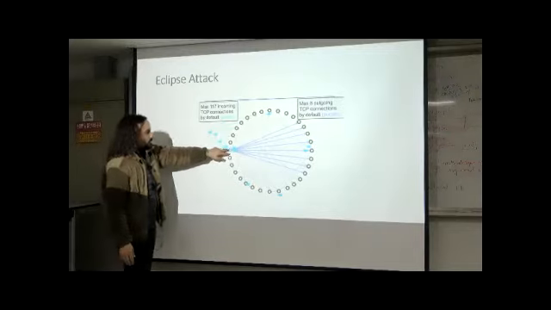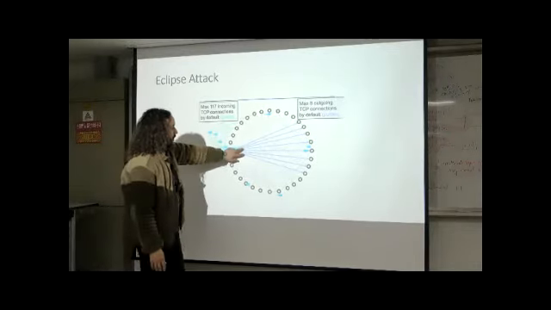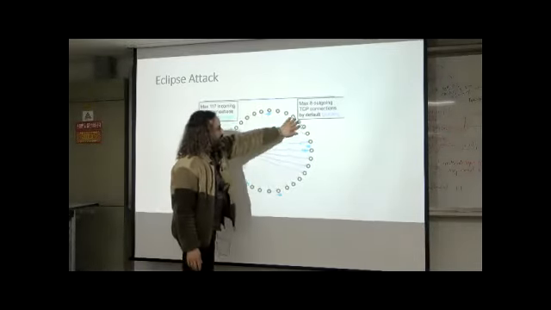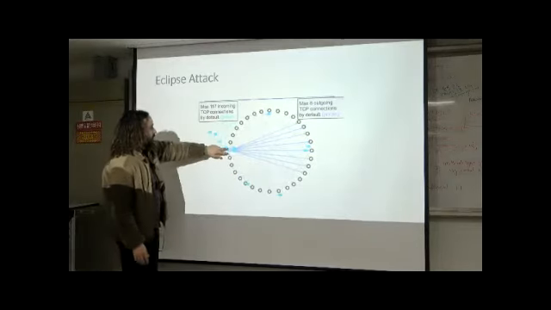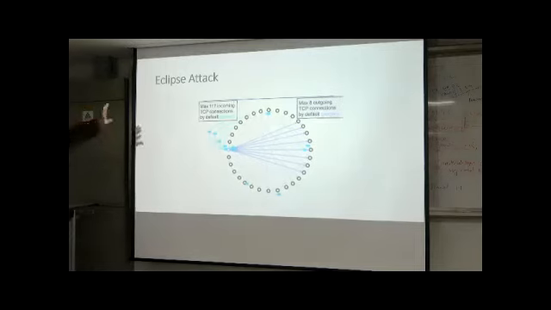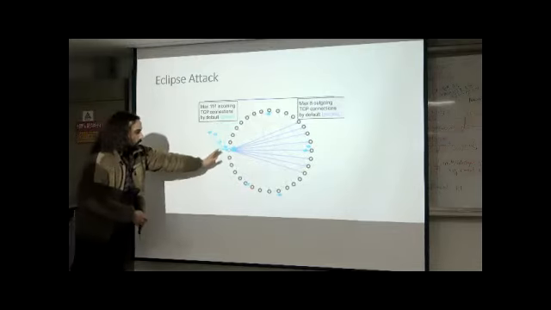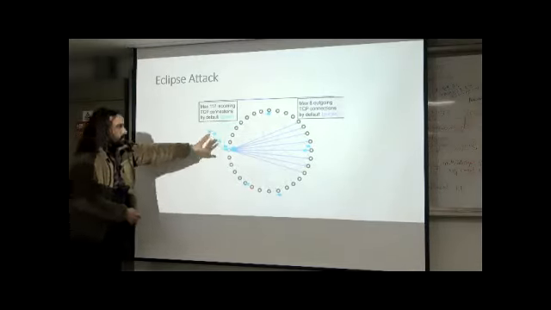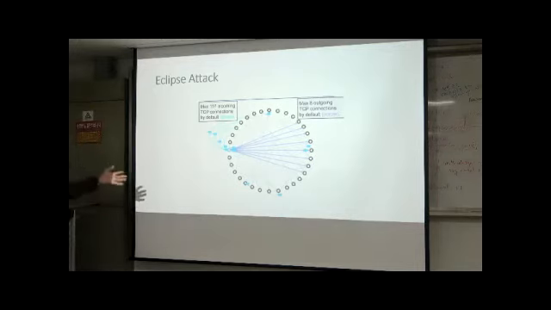This node will control all the nodes here and also the nodes here, taking control of not the whole network in this example, only some of the nodes, and isolate them from the network and from the trusted nodes inside one network.